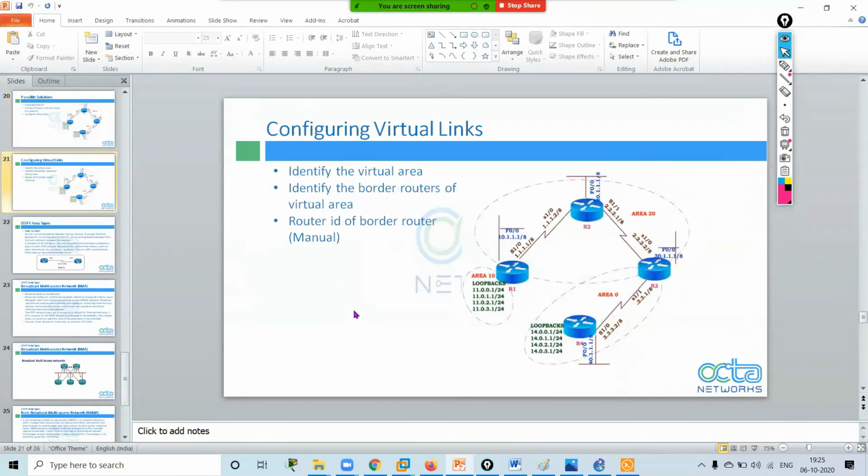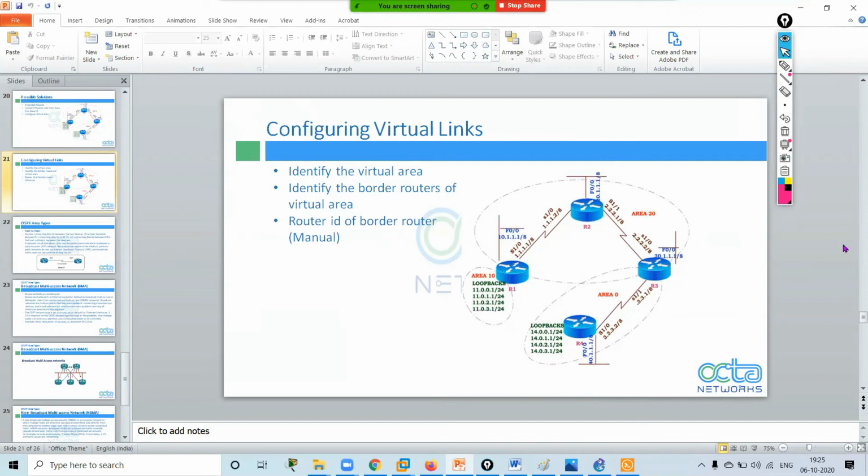Now configuring virtual links. There are some things you need to remember whenever you are configuring virtual links. Identify the virtual area. Virtual area means the area that is in between the discontiguous area and area 0, that is directly connected to area 0.